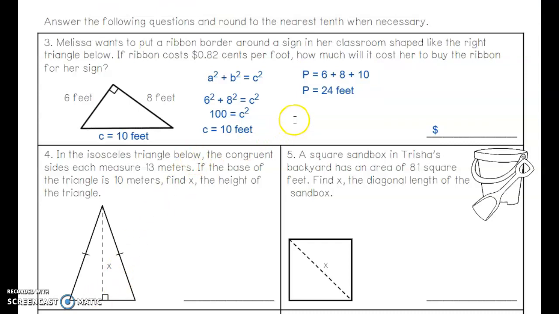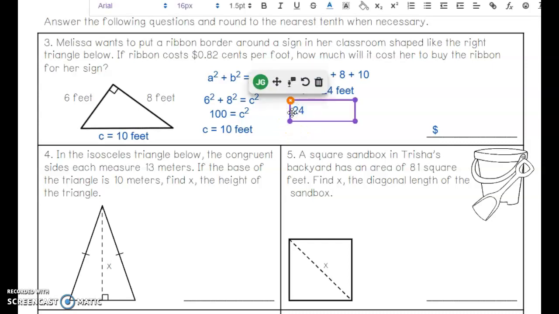But we're not done. 1 foot equals 82 cents. We need to know the total cost for the ribbon going around that triangular border. So you're going to have to take the 24, which is the perimeter around it, multiply that by the 82 cents, which is the cost per foot, to get the total dollar amount.